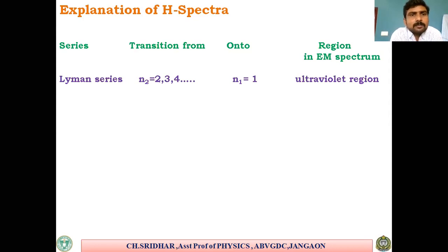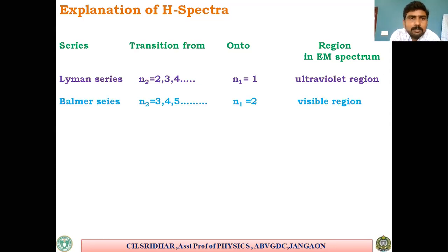In the Lyman series, the transition is taken from the higher energy states, greater than 1, onto n equals 1. All the transitions from the higher energy states to n equals 1 give a series of spectral lines, called the Lyman series, and the frequencies of these radiations fall in the ultraviolet region.